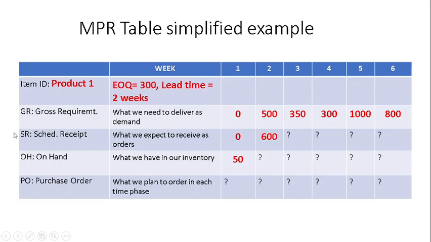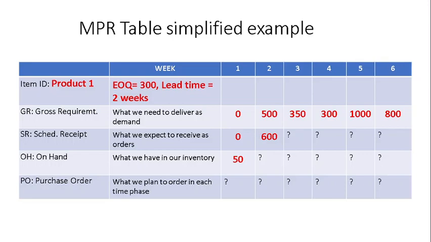Assume that we have to fill the table for one product, which is called product 1. The economic order quantity is equal to 300, which means that the optimum quantity that we should order should be always 300, because we have identified that this fits best in our, let's say, optimizes the cost for holding and for ordering.